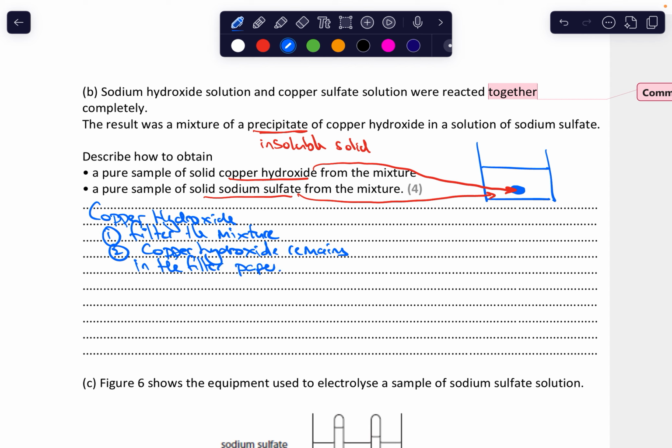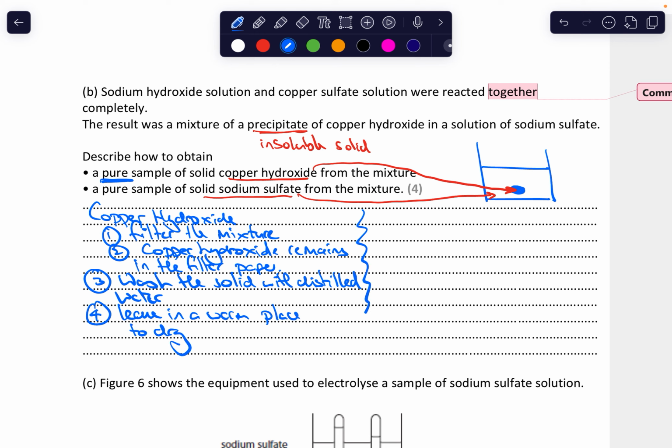And then, if it says the word pure, we have to describe how we make that pure, and all we would do is wash the solid with distilled water, and the reason we can do that is because it's insoluble, so we can wash it without dissolving the chemical. And the final thing is we then leave it in a warm place to dry. Okay, so that gets the copper hydroxide taken care of.